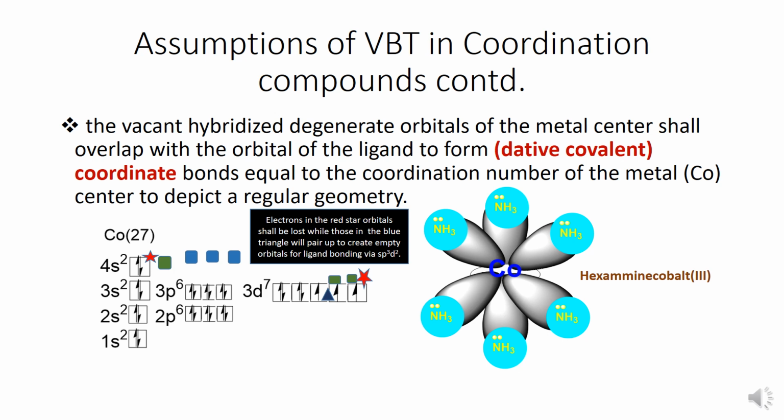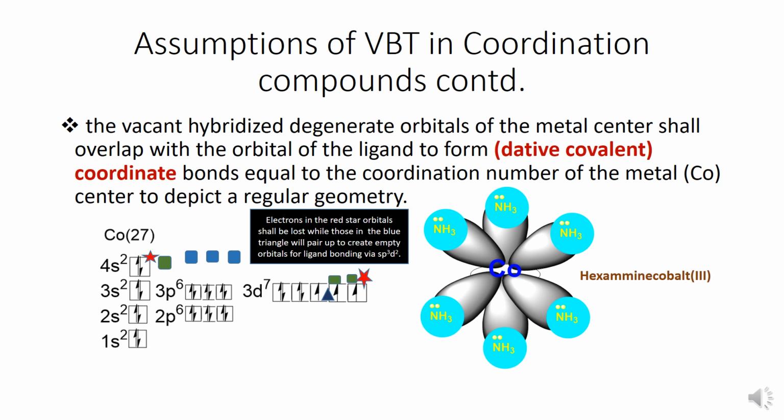If we consider cobalt 27, you will recall that in our introductory slide, we told you that cobalt will show 1s2, 2s2, 2p6, 3s2, 3p6, 4s2, and 3d7 configuration. But for the purposes of this lecture, we have brought down 3d7 to be at par with its three quantum state counterparts.